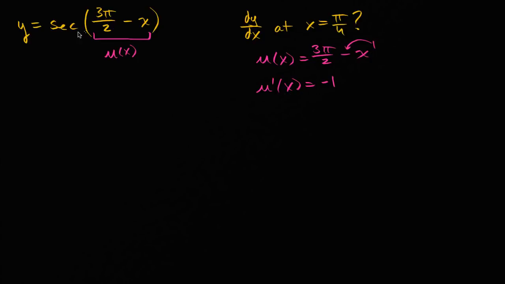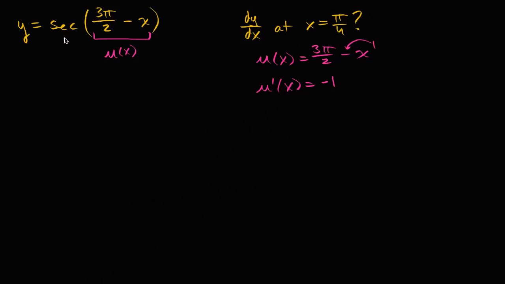So there you go. We could view this as the derivative of secant with respect to u of x, times the derivative of u with respect to x. And you might say, well, what about the derivative of secant? Well, in other videos, we actually prove it out. You could actually rederive it.